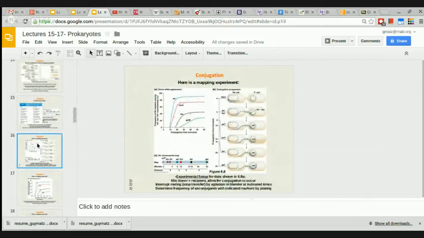There are two things happening here. You see the time of appearance of phenotypes such as azide resistance and other resistance markers. The time of appearance of these markers is not the same, and it depends on the distance from ORI-T. The ones closer to ORI-T on the bacterial chromosome enter first. The second thing you see is the maximal frequency of recombination.